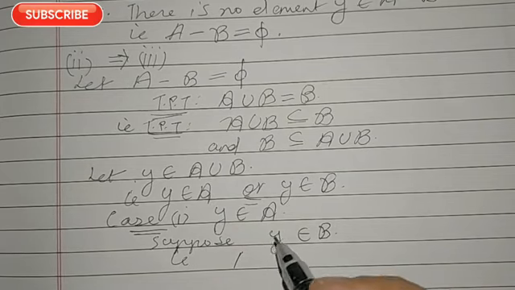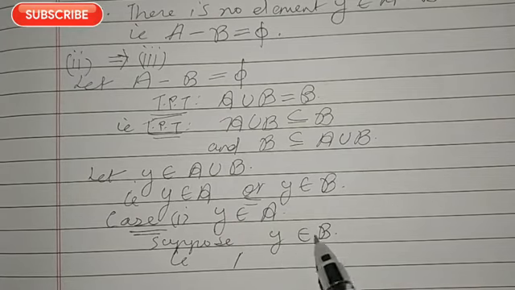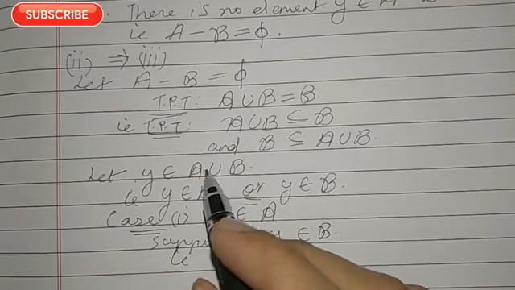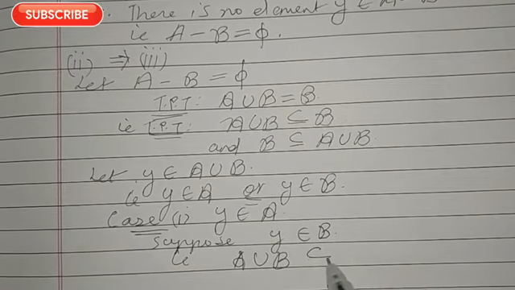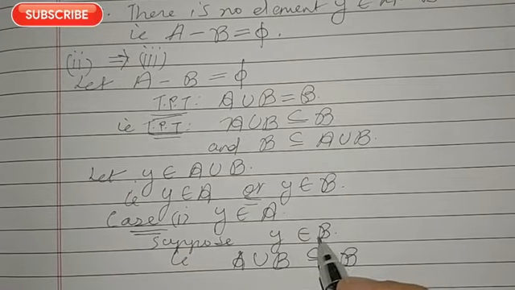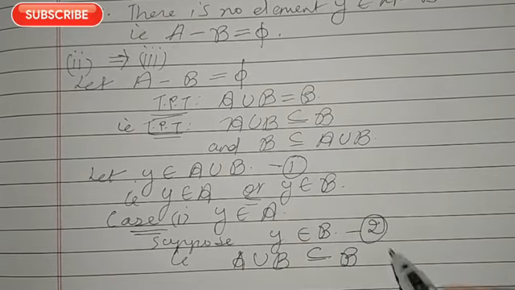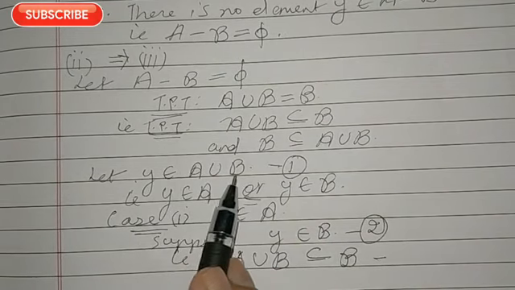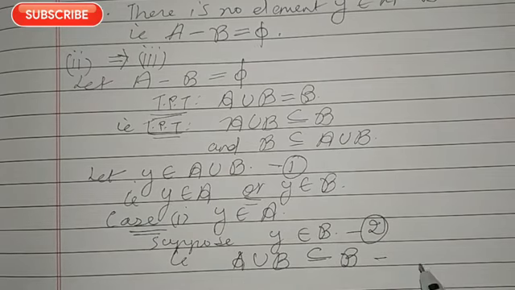We have considered y belongs to A, and then we are again considering y belongs to B, right? So we have actually got that A union B is a subset of the set B. If we call this 1 and this 2, if you take any element in A union B, it is in the set B, so A union B is a subset of B.